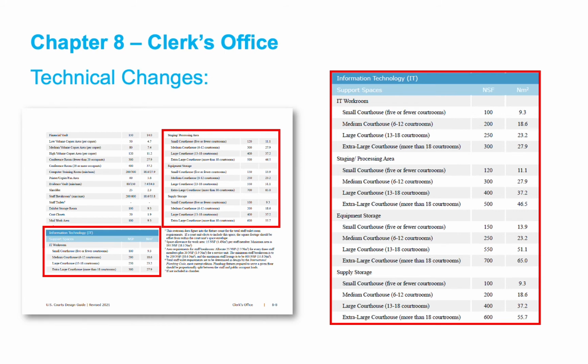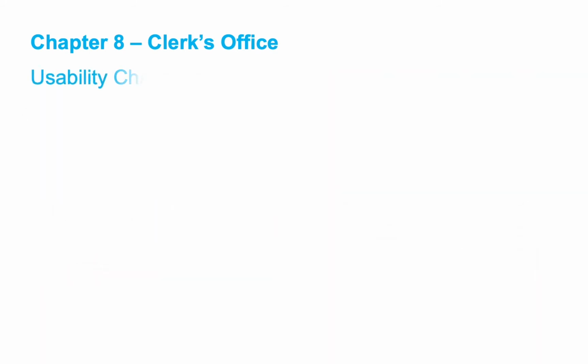For example, smaller courthouses containing 5 or fewer courtrooms will be allocated a 100 net square foot IT workroom. Extra-large courthouses with more than 18 courtrooms will be allocated a 300 net square foot IT workroom. In addition to the IT spaces, a facility access card identification room was added to the space tables.